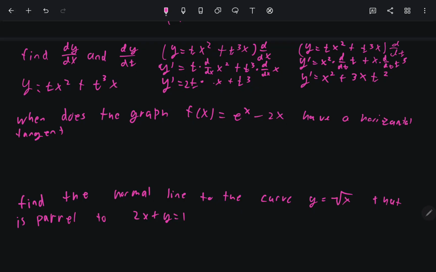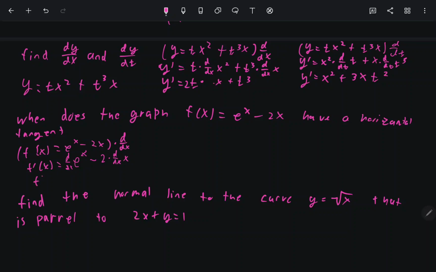So let's start out by finding the derivative. f of x is equal to e to the x minus 2x. Now I'm going to take the derivative with respect to x. So I get f prime of x is equal to the derivative of e to the x minus 2 times the derivative of x.